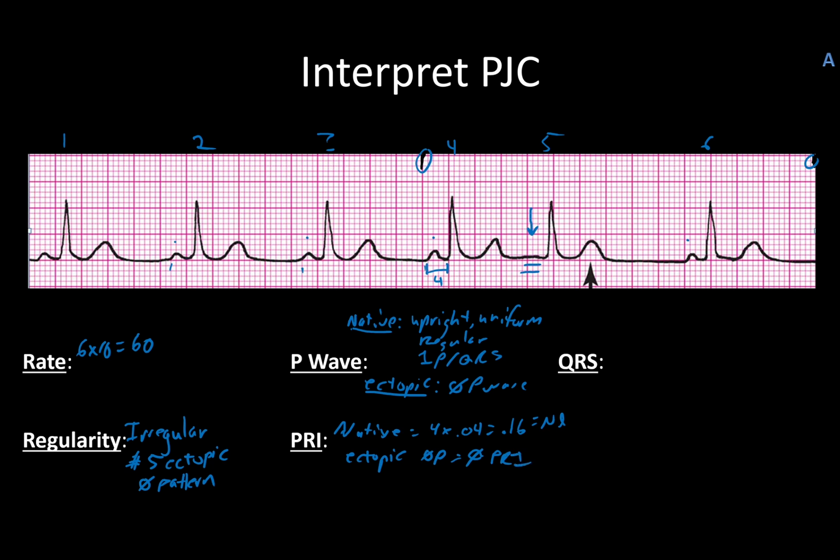All right, finally our QRSs, they are uniform, and they have the R pattern. The ectopic is actually identical.